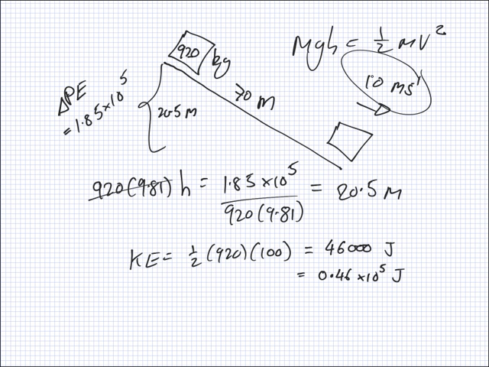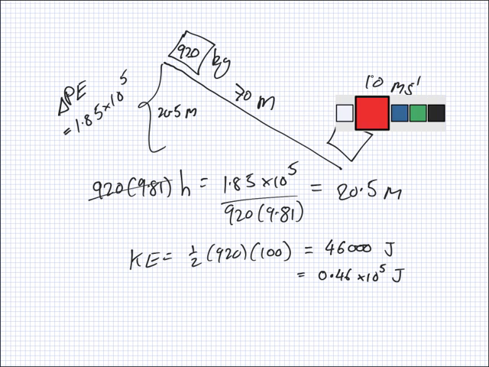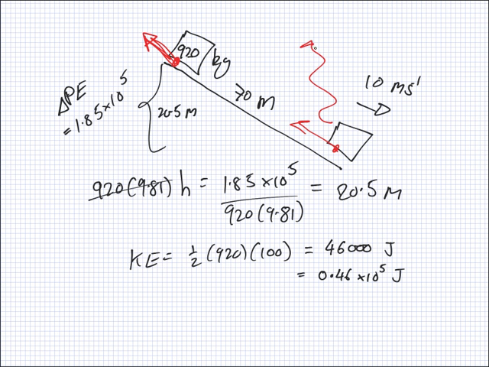So some of the energy is being lost, which they never said at the start of the question. In the last part of the question it says, what is the resistive force? So in other words, there's some kind of friction force here that's making heat. As this is sliding down the hill, there's some heat coming off from this friction force.